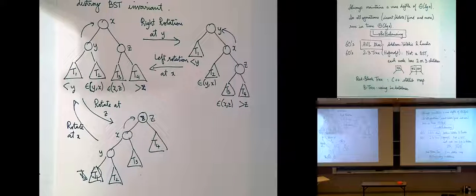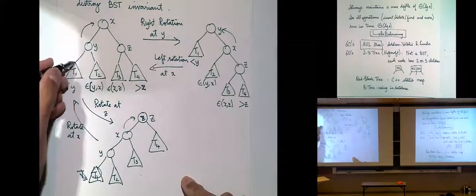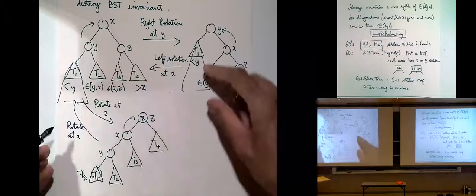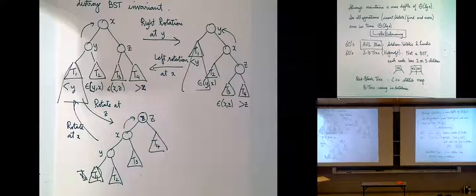So maybe this is some really big tree over here. And so by doing this, you would reduce the depth of that tree at the cost of increasing it at other places. So what your tree will keep track of is which are the portions that are getting long and then try to rebalance it. And it has to be done really carefully so that all of these operations can be done efficiently. But first, yes?